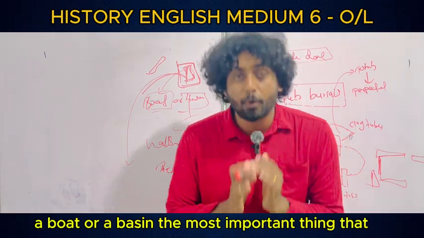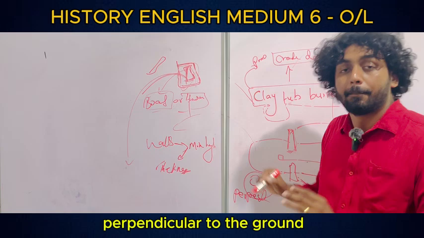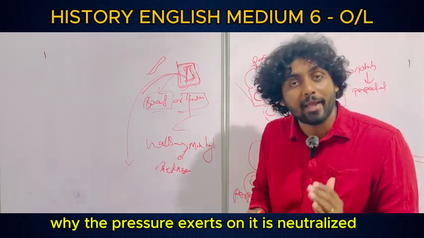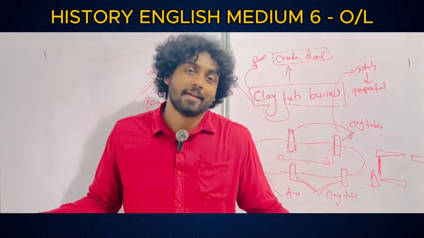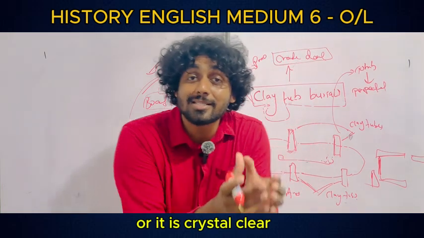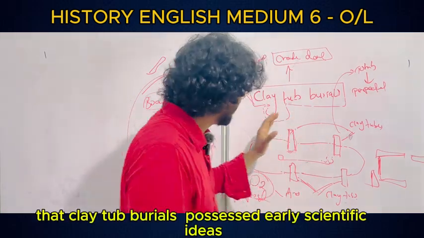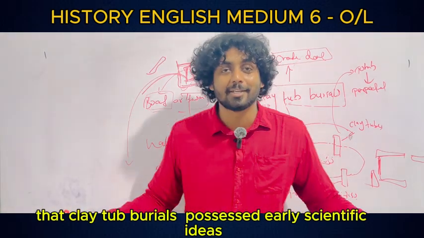The most important thing is that they built the walls of the tomb perpendicular to the ground. Why? The pressure exerted is neutralized. Therefore, it is crystal clear that clay tub burials possessed early scientific ideas.